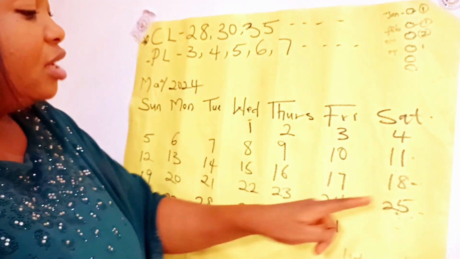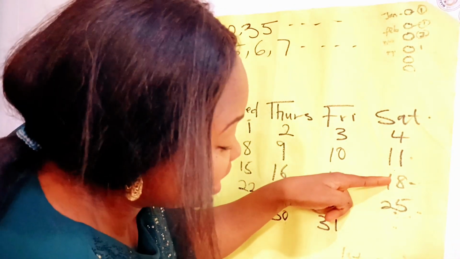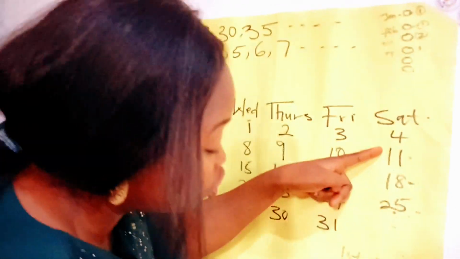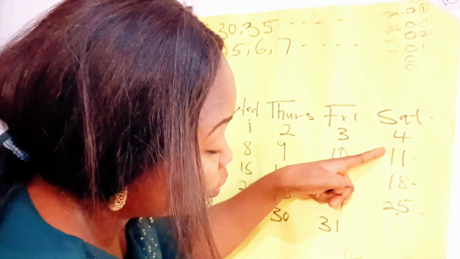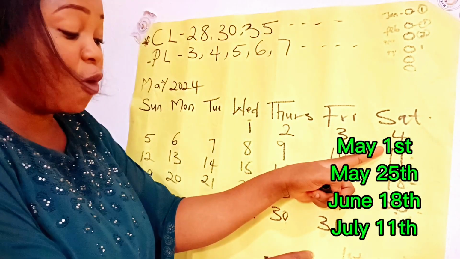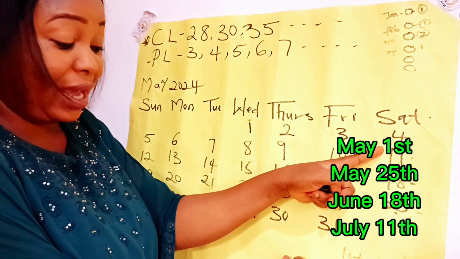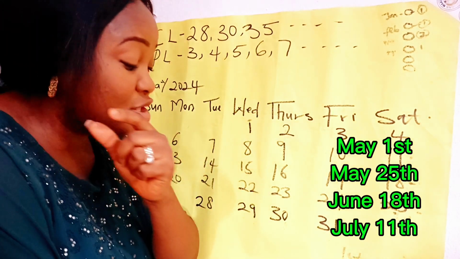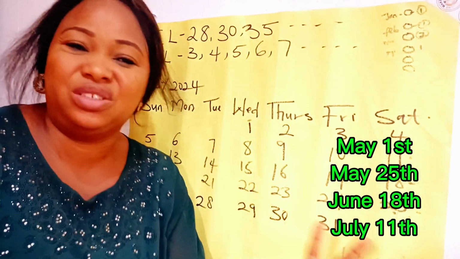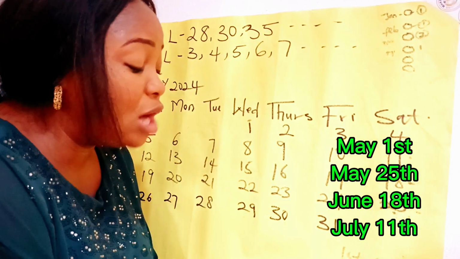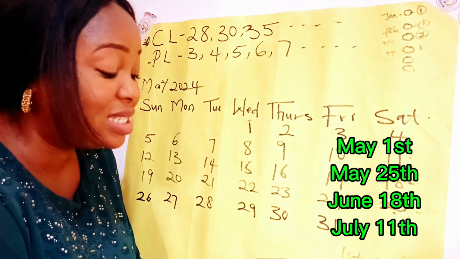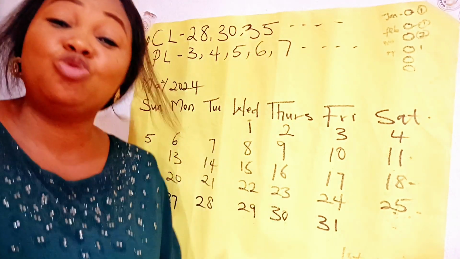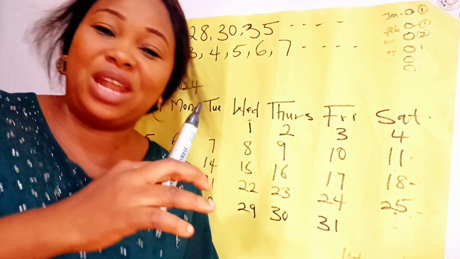The third cycle was 18th of June. The fourth cycle, 11th of July. So are you seeing it? 1st of May, 25th of May again, 18th of June, and 11th of July. The date does not look like it's rhyming, but your cycle is very regular, because when you count the days interval between all these dates, you will find out that it's 25 days that is separating them. That's to tell you you have a 25 days cycle length.